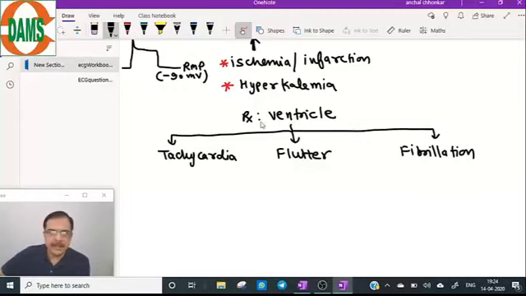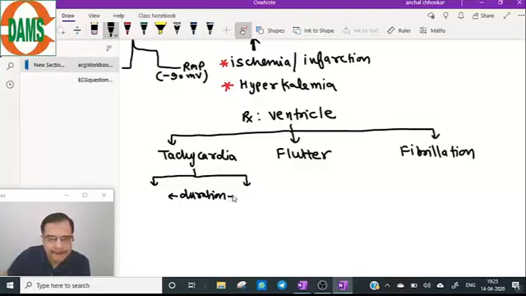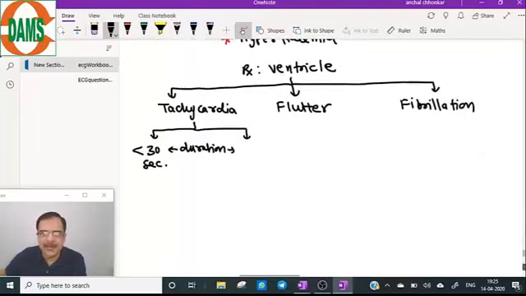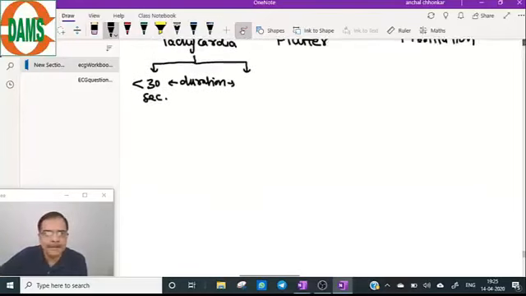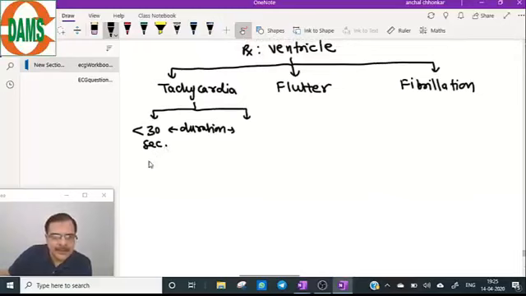The ventricle tachycardia is further divided according to the duration. If the ventricle tachycardia in the recording lasted for less than 30 seconds, this is known as non-sustained ventricle tachycardia.